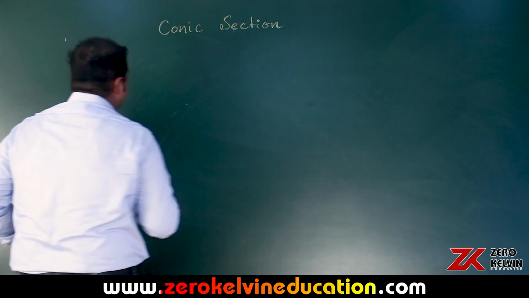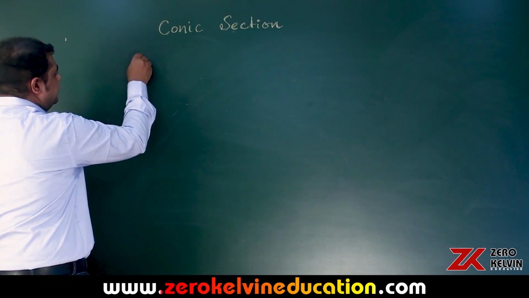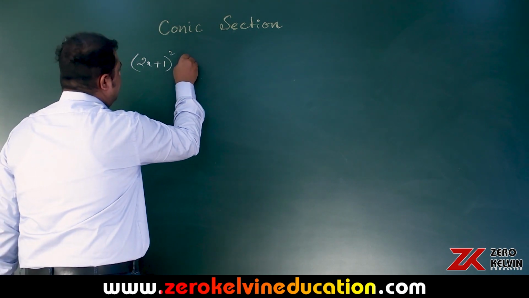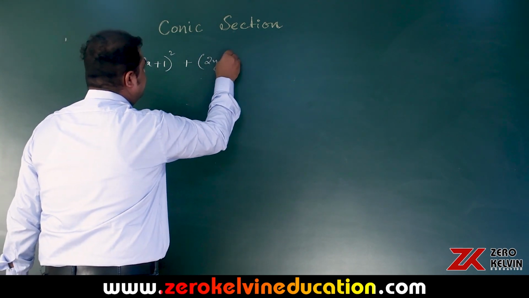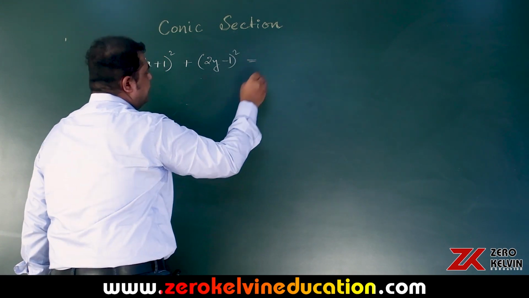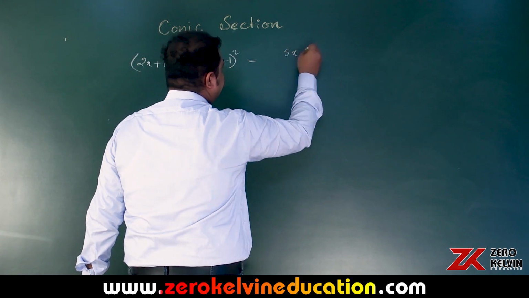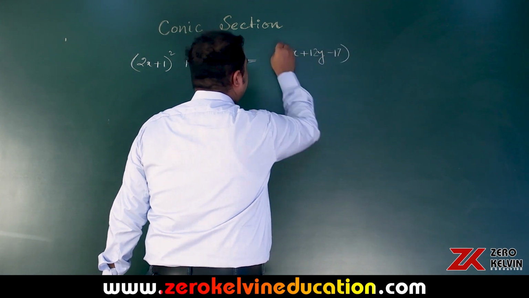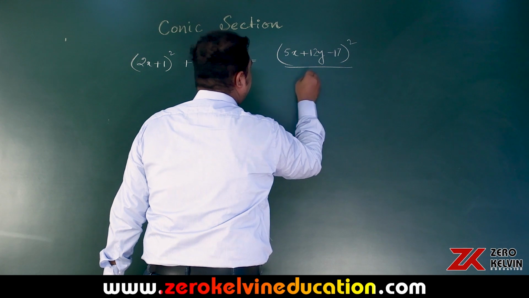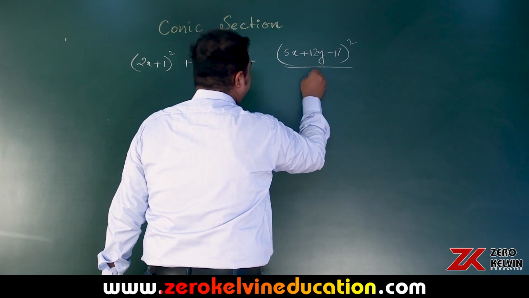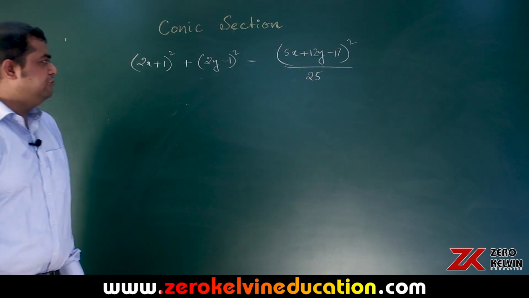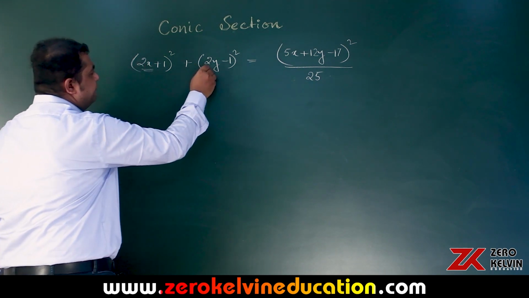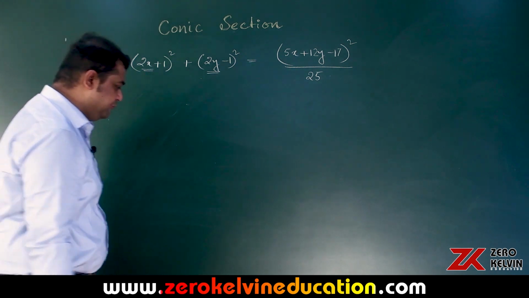We have been given another equation, which is (2x + 1)² + (2y − 1)² = (5x + 12y − 17)² / 25. Now, if we compare the coefficient of x and coefficient of y, these are not in standard form.